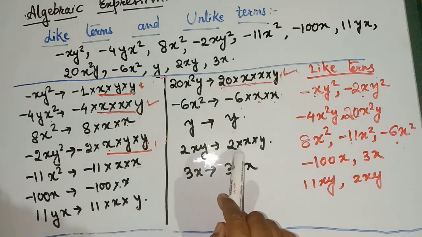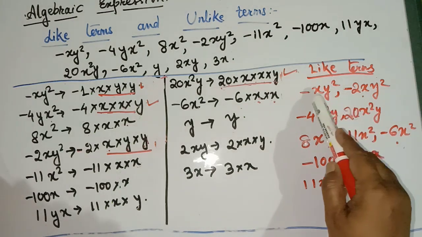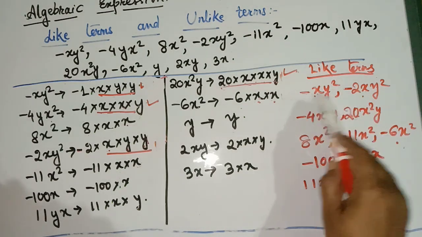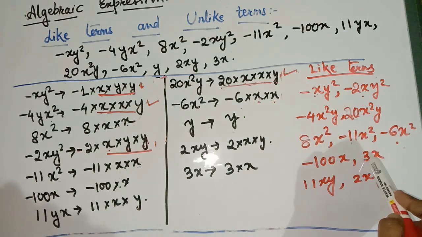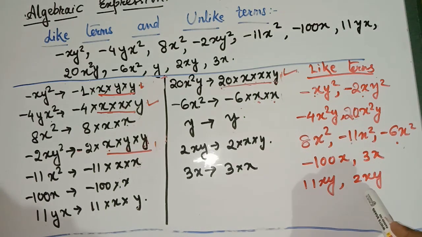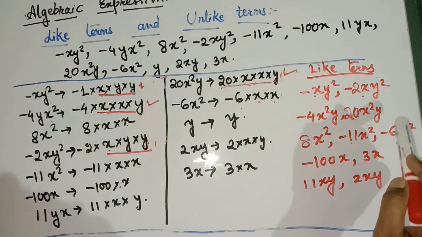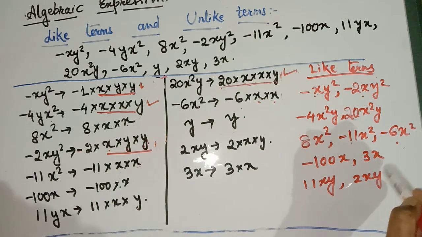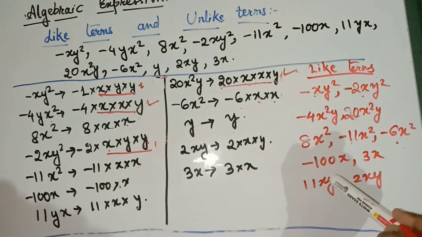So we have separated all the like terms. These two are like terms, these three are like terms, these two are like terms, and these two are like terms. In this way, you have to arrange the terms during addition or subtraction.